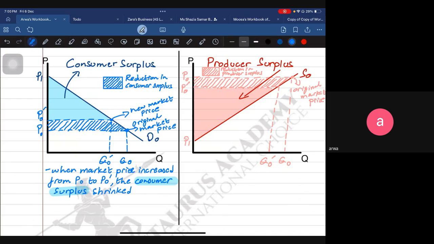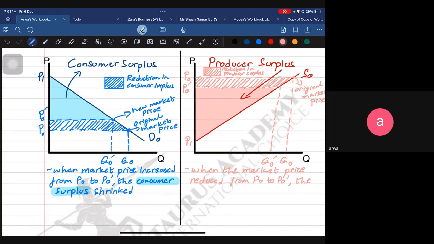And when the market price reduced from P naught to P naught dash, the producer surplus shrank, right?